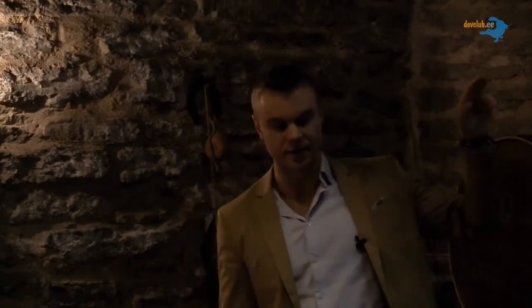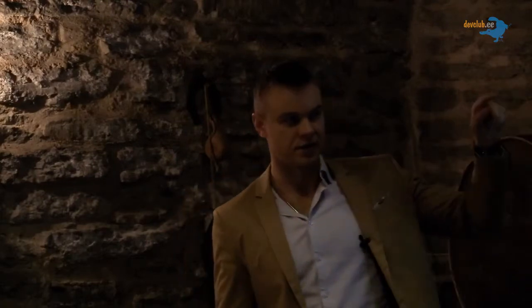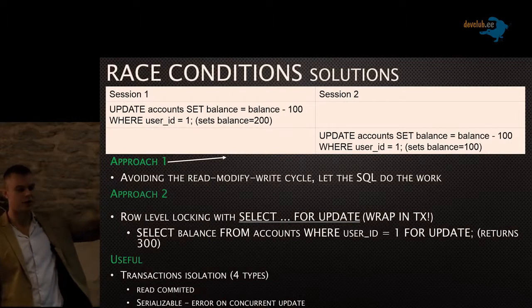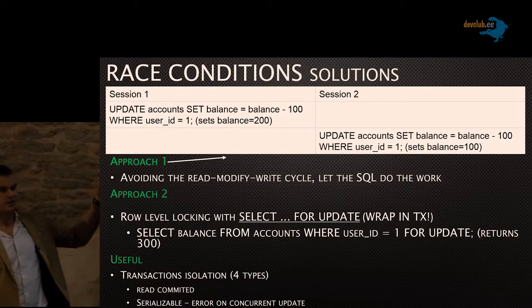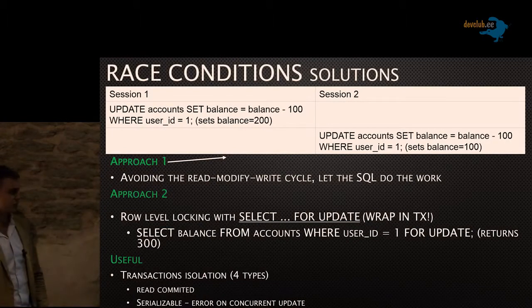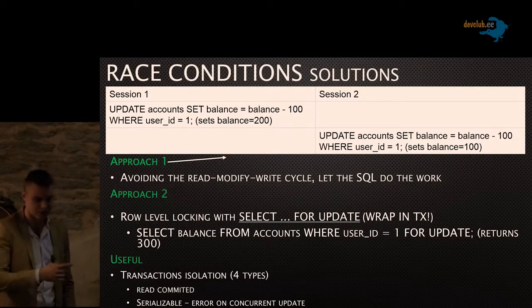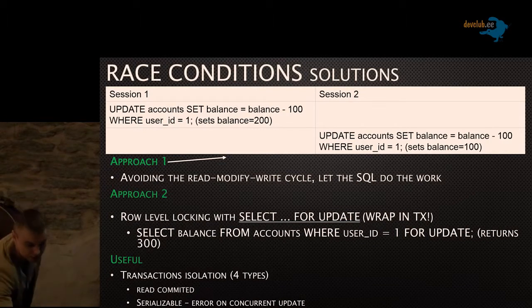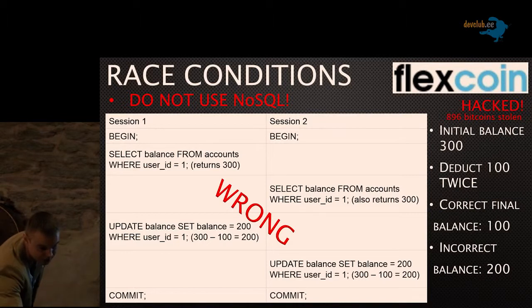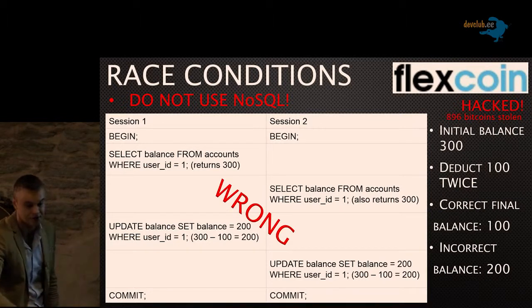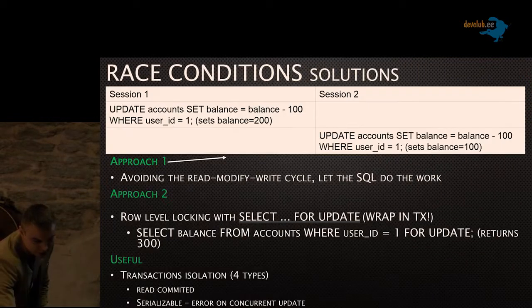With read committed, when it selects and does the update, but the transaction didn't confirm yet, the second session, when it selects, sees the initial balance before the first session has committed. That's why in the first example, it did the double spend, because session 2 saw the initial balance before the commit.